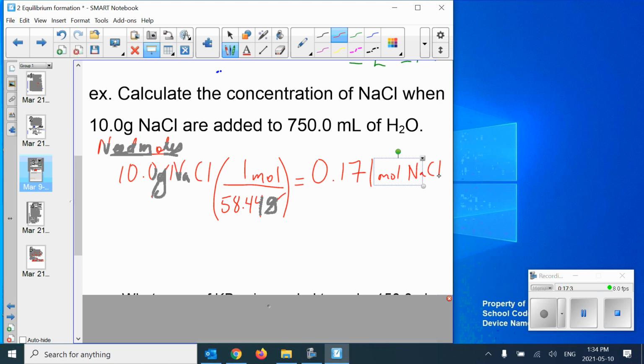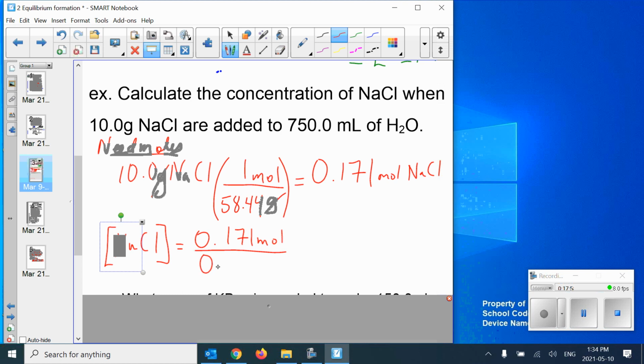I think we're ready now to do the molarity. So you take this. Sodium chloride's concentration is what we want. We take the moles divided by liters. I've already listed the chemical on the left, NaCl, in square brackets.